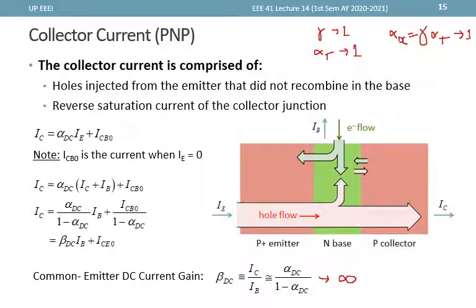This beta DC will approach infinity not because IC approaches infinity, but rather because IB is very small. So we want this IB to be very small for our BJT to be an efficient amplifier of current. And we are actually using this beta term right here in most of our circuit analysis involving BJTs.